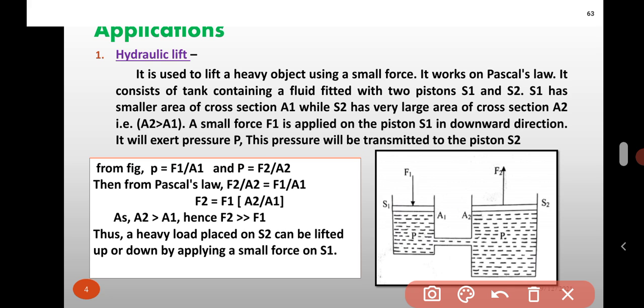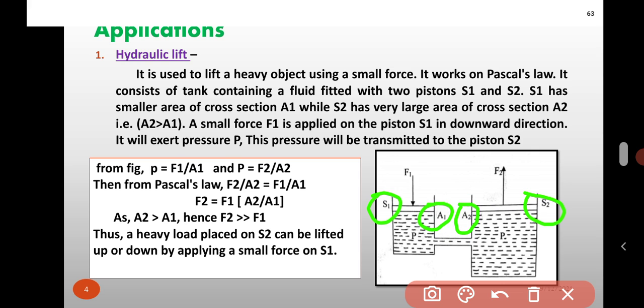It consists of a tank containing a fluid fitted with two pistons, S1 and S2. S1 has a smaller area of cross section A1, while S2 has a very large area of cross section A2.